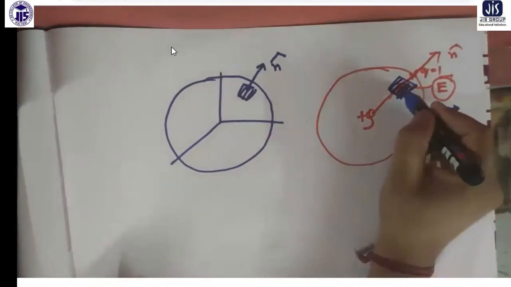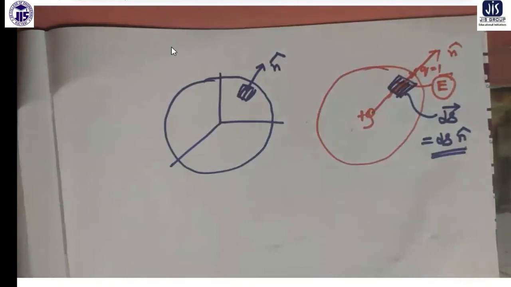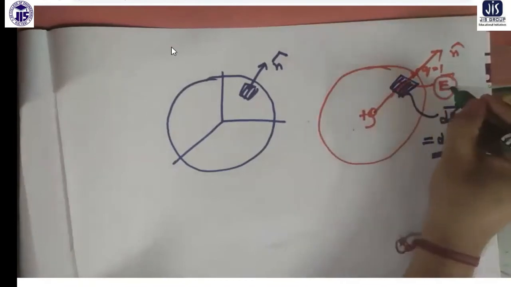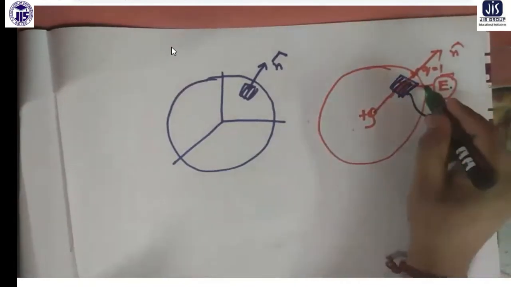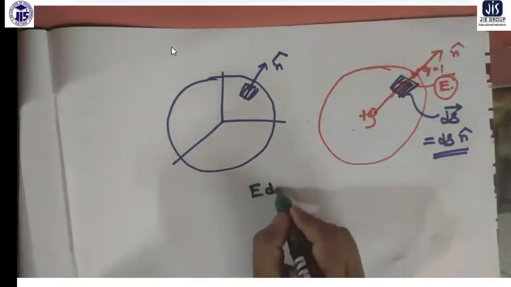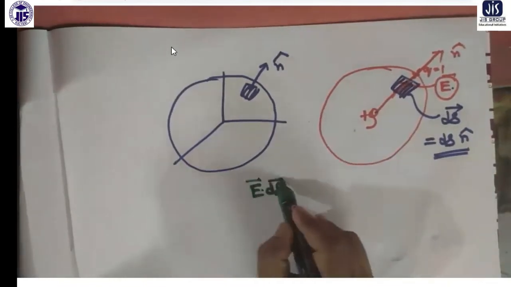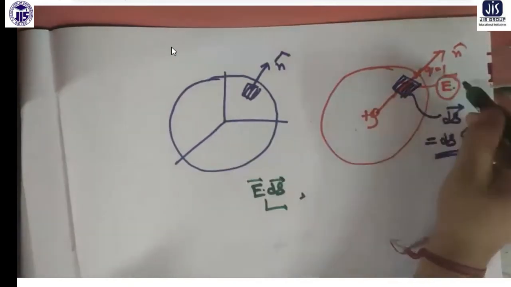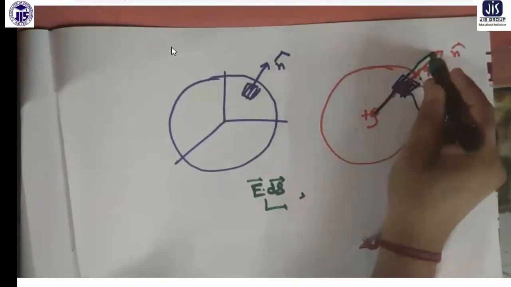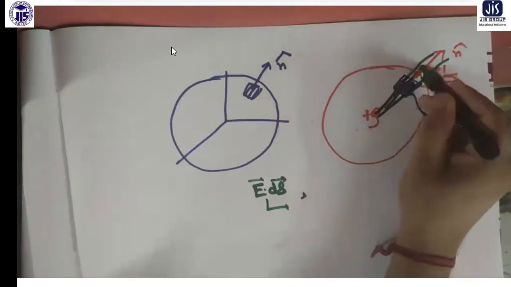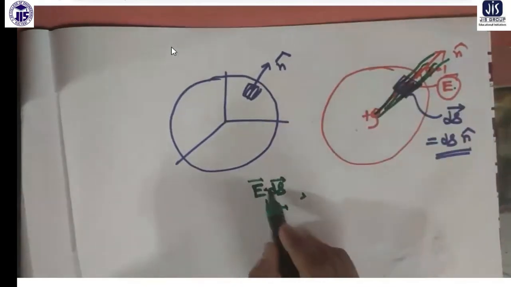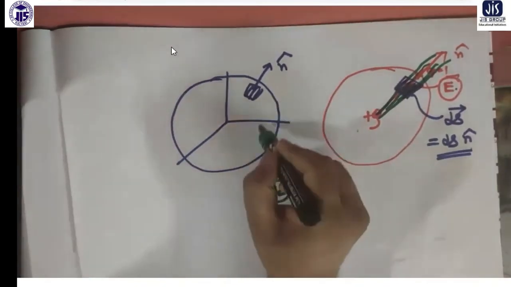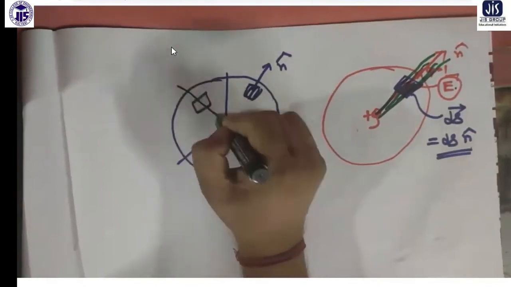So the total electric line of force that is coming out through this surface area will be, for one, E dot ds, because one line of force coming out is E. E is the line of force coming through a point.